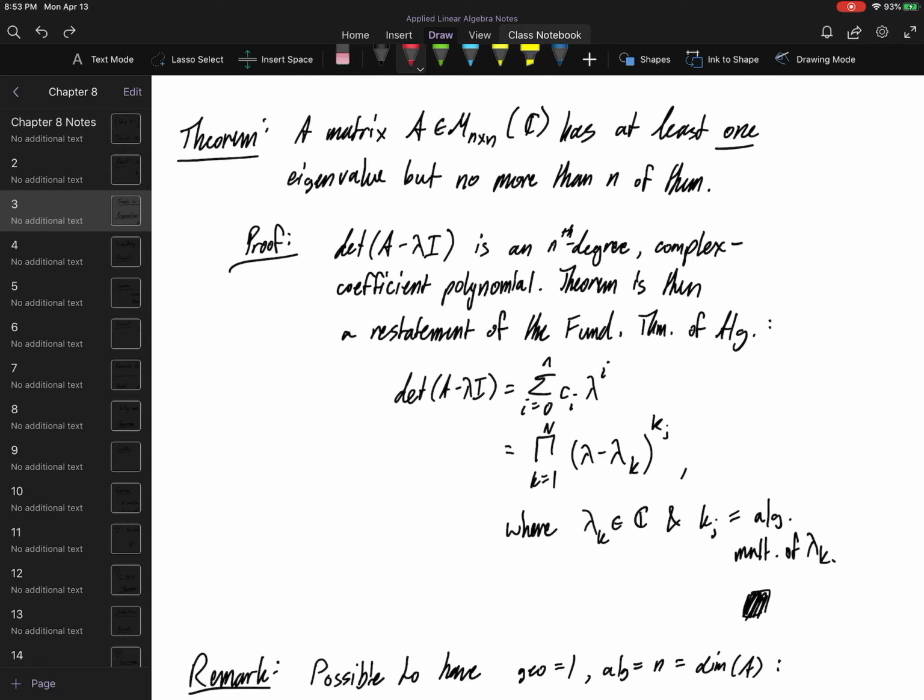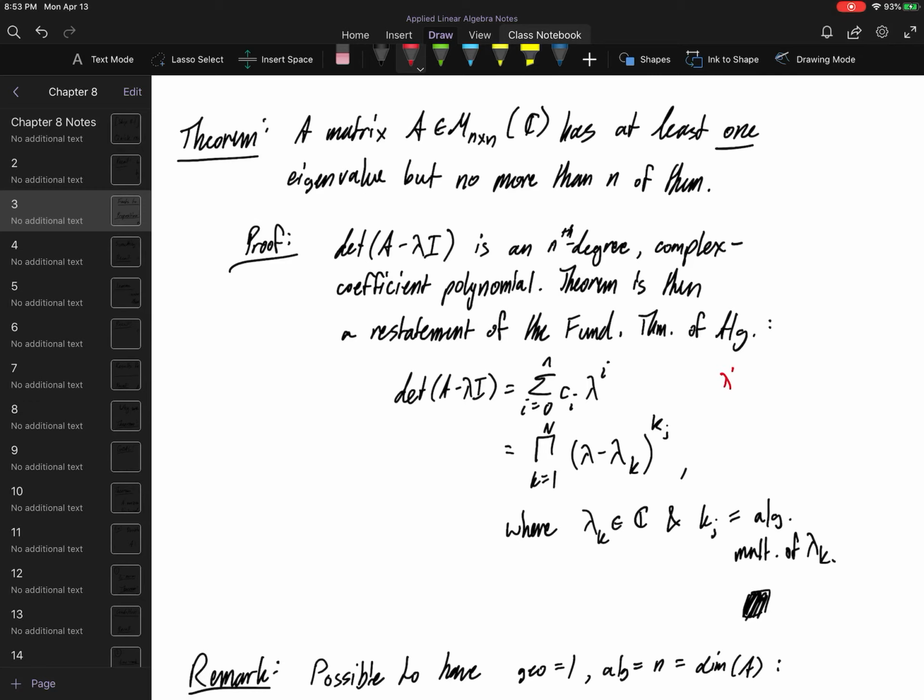And again, this goes down to the fundamental theorem of algebra, that the determinant here, this characteristic polynomial, is an nth degree complex coefficient polynomial. So the theorem is really just restating the fundamental theorem of algebra, that this polynomial can be written as a product of linear factors, and you include multiplicities.